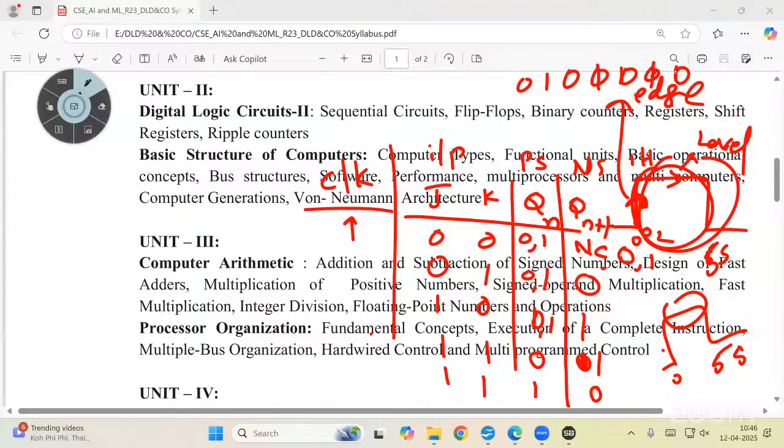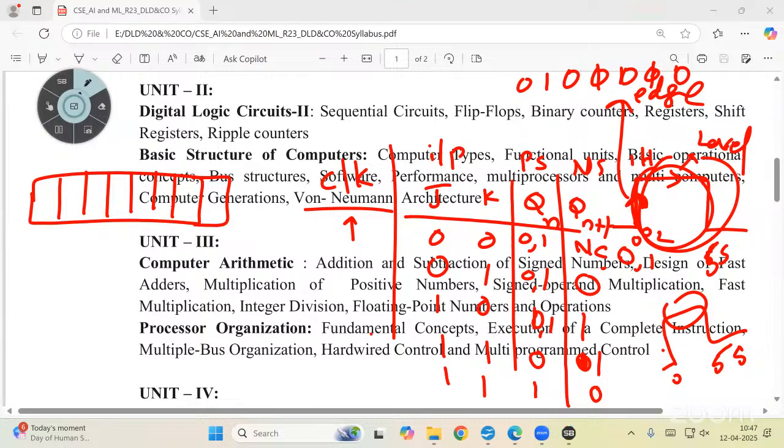Now, I have given one question, C is equal to A plus B. Before coming to that, you can take one register. 1, 2, 3, 4, 5, 6, 7, how many total? 8. 0, 1, 2, 3, 4, 5, 6, 7.